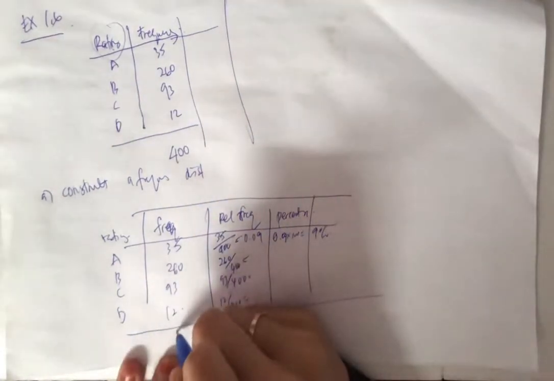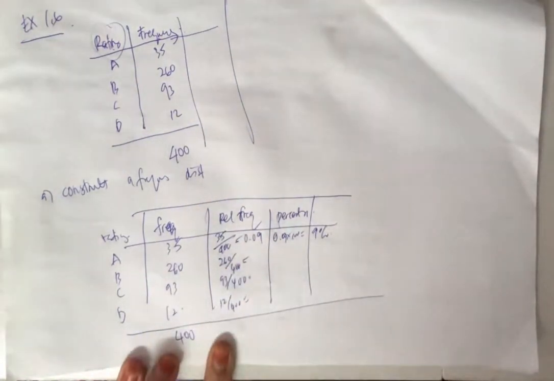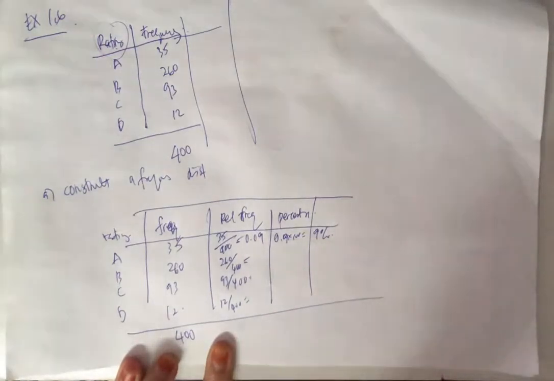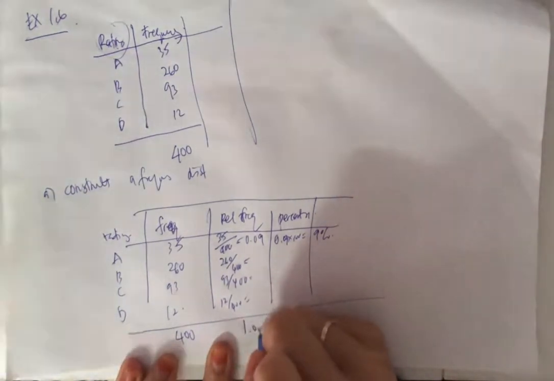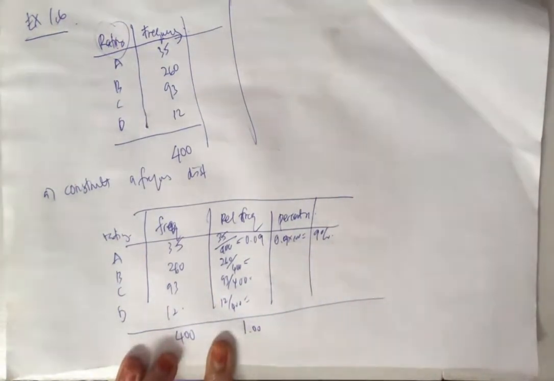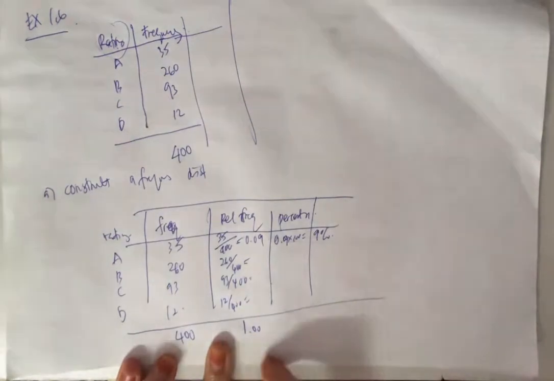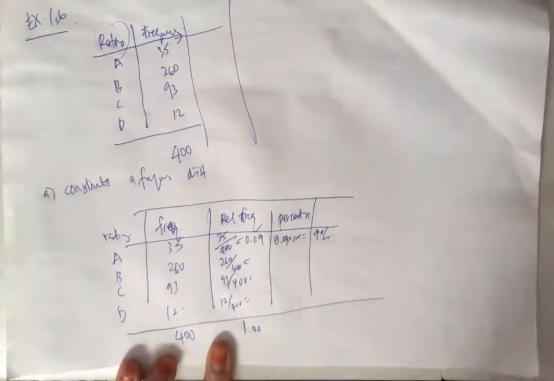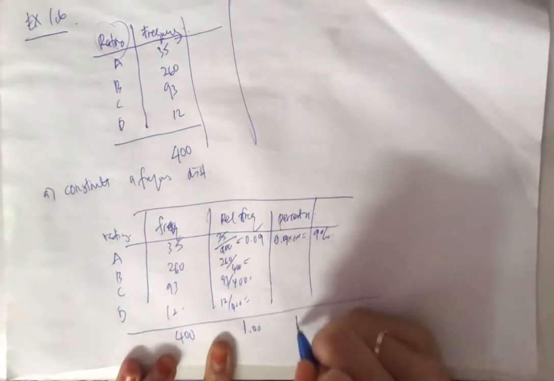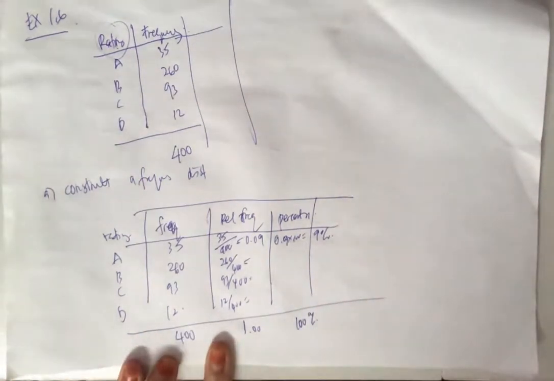Your frequency total is 400, and your relative frequency total must be 1, cannot be less or more than 1. Your percentage total also must be 100, cannot be less or more than 100.